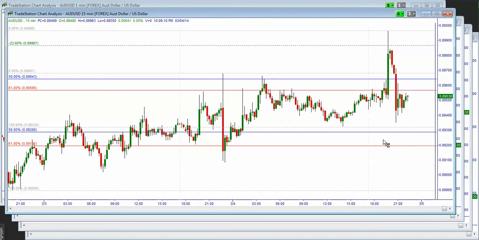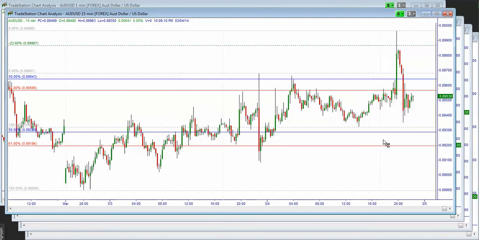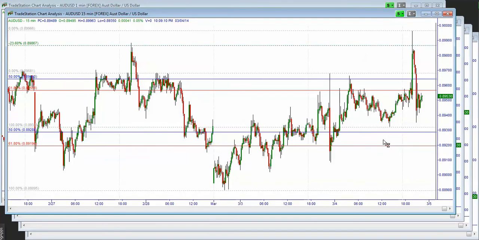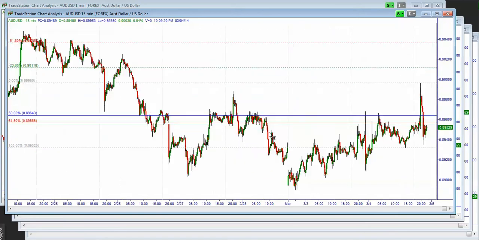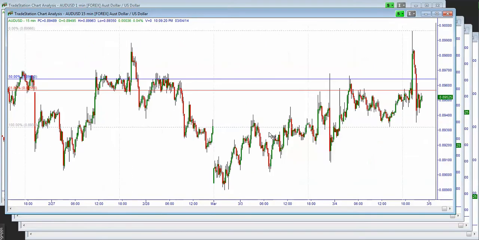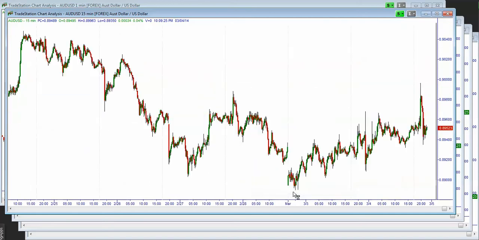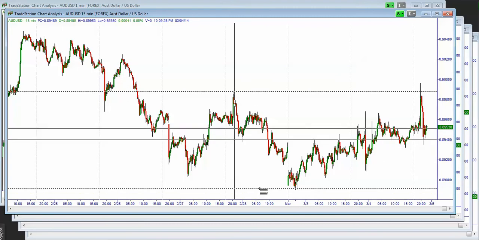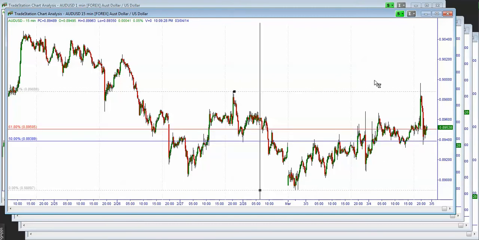So now, this move actually was not easy to identify a trade on the 15 minutes. So let's see what we could have done here.